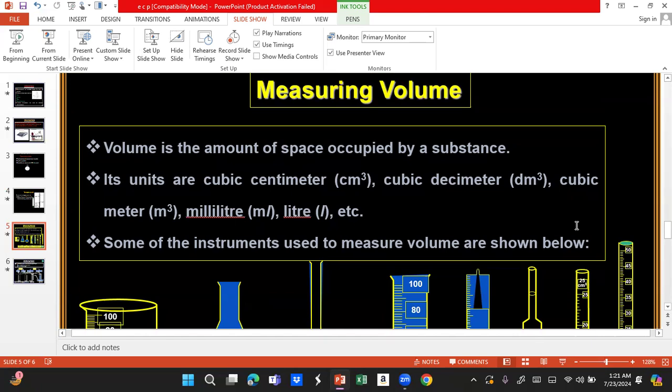So volume is measured in different units. It's measured in centimeter cube, decimeter cube, liter. You understand? Some of the devices which we use to measure volume are shown here.